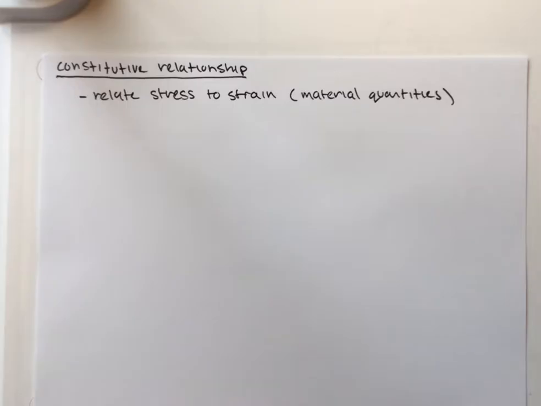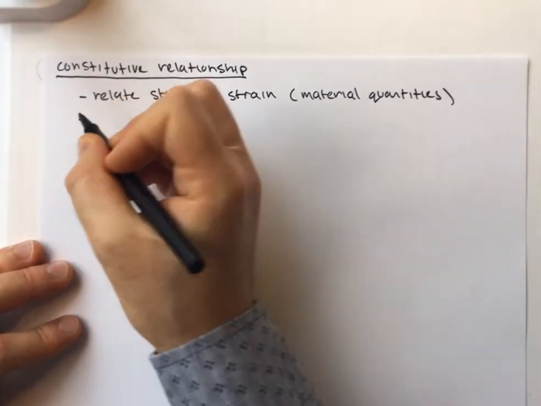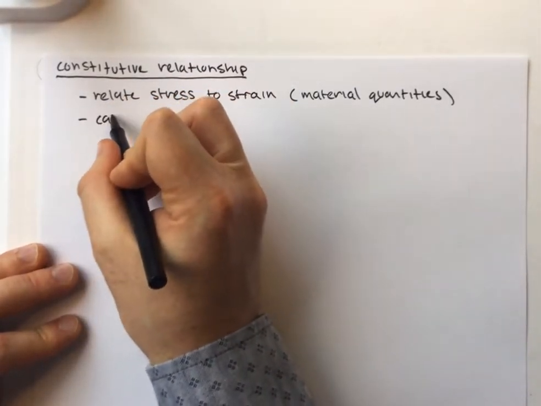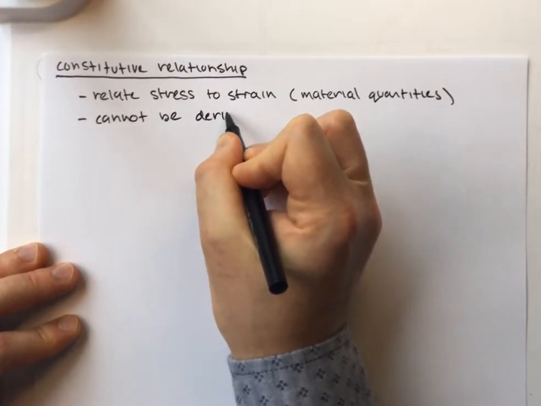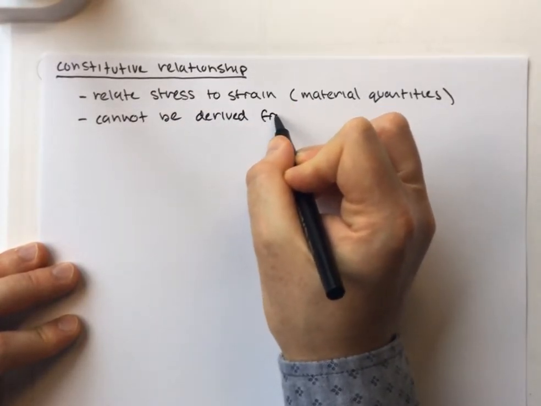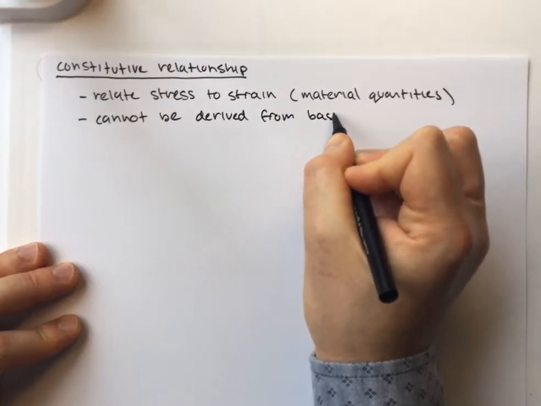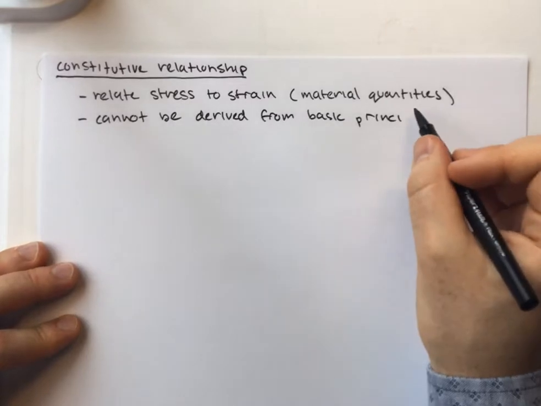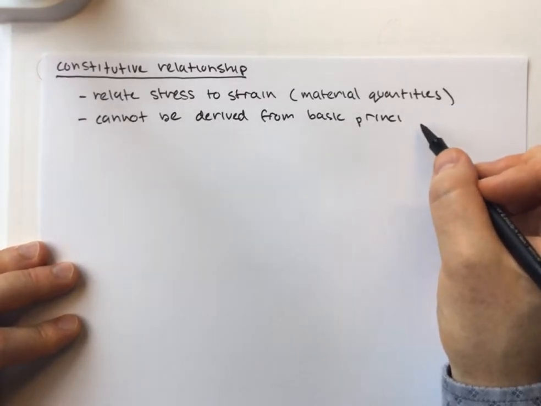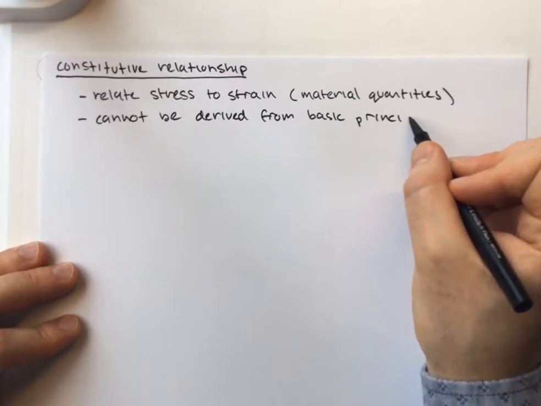And unlike our kinematics relationship or the equilibrium relationship, our constitutive relationship cannot be derived from basic principles. So as much as I'd like to draw a picture of a rod and we can work out what the relationship should be, in this case we can't.